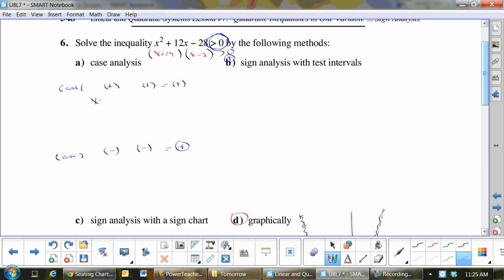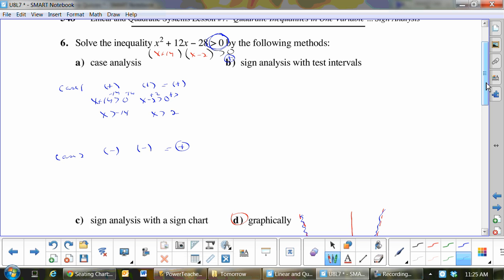So we're going to go x plus 14 is greater than 0. x minus 2 is greater than 0. x plus 14, minus 14, x would have to be greater than negative 14. Add 2, x has to be greater than 2.